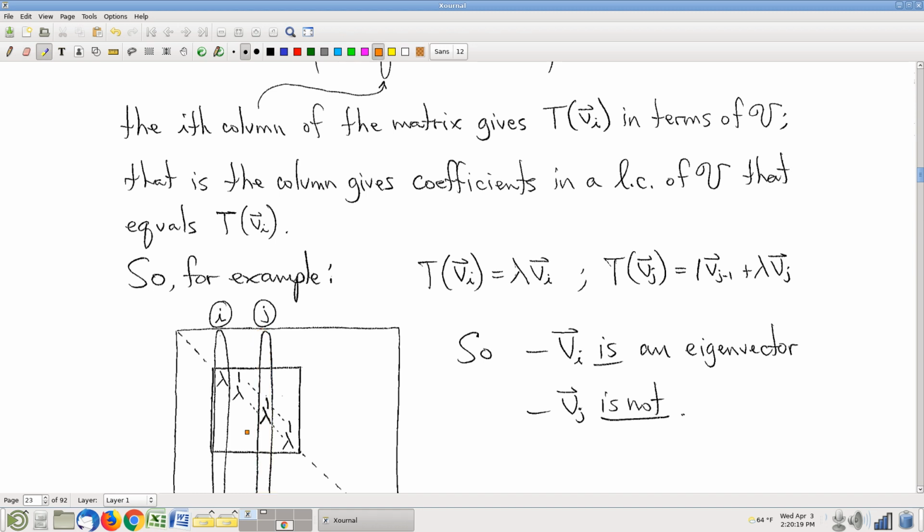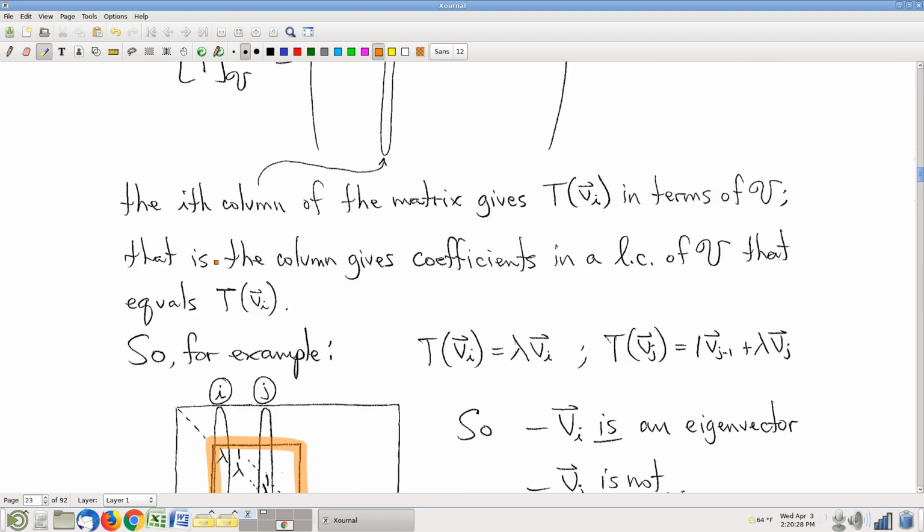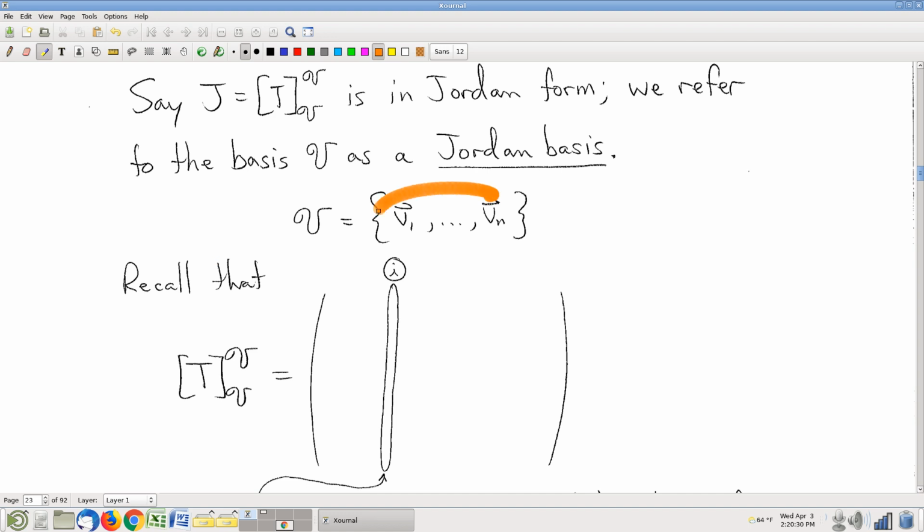Okay, so here's another thing you can observe from this. Given a basic Jordan block, if you look at the corresponding basis vectors, the first one will be an eigenvector. The remaining will not.